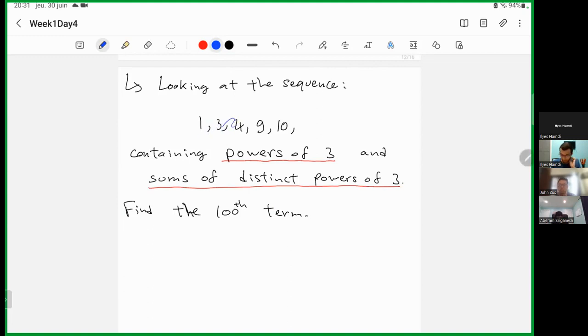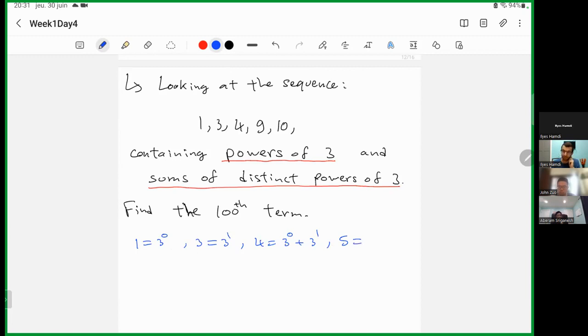Then another power of 3, then I can add them up. So 1 is a power of 3, 3 is a power of 3, and then 2 is not possible. Then 4 is 3 to the 0 plus 3 to the 1. 5 is not possible. Why?